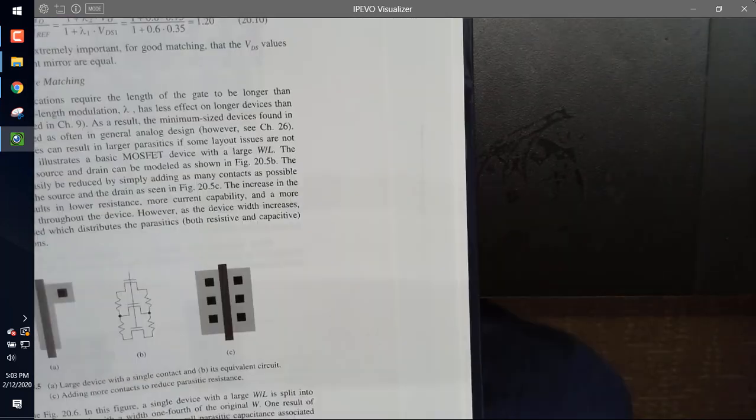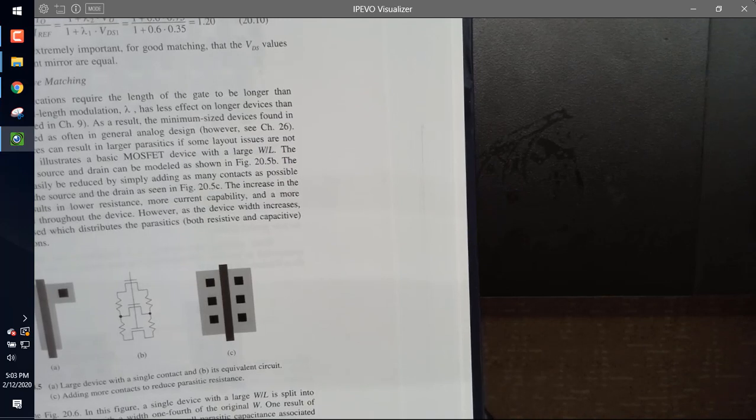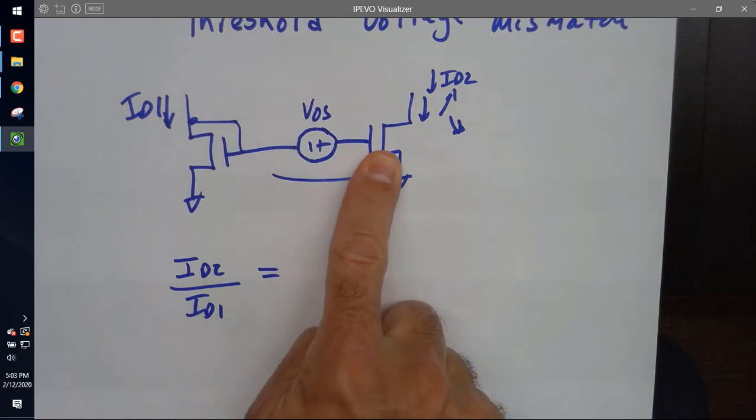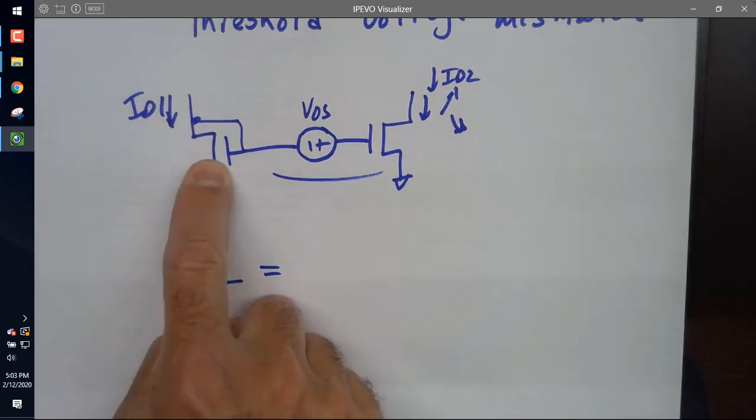So if I look at what I drew here for the offset or the mismatch, who's to say this transistor's not the right one and this one's wrong? Okay?